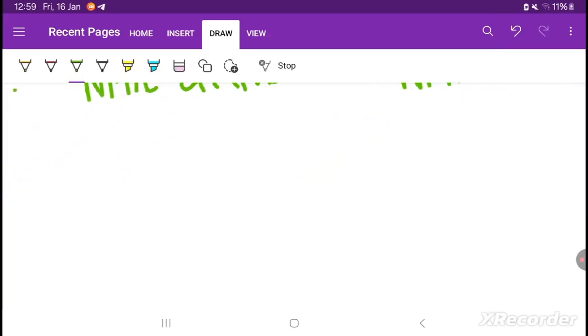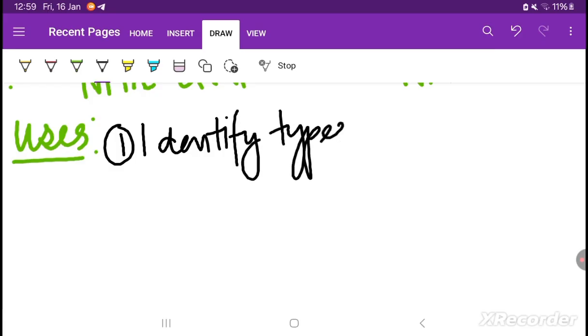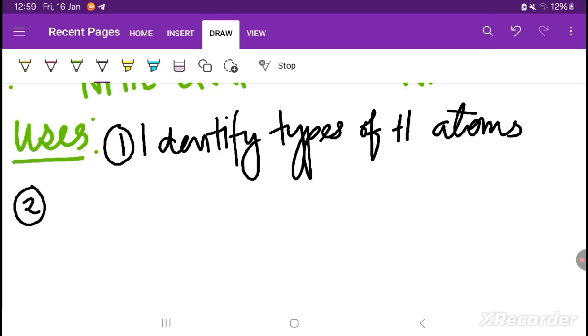And so its applications or its uses: we can tell that it helps in identifying the different types of hydrogen atoms. The first one is to identify types of hydrogen atoms. The second use is to understand which atom is connected.